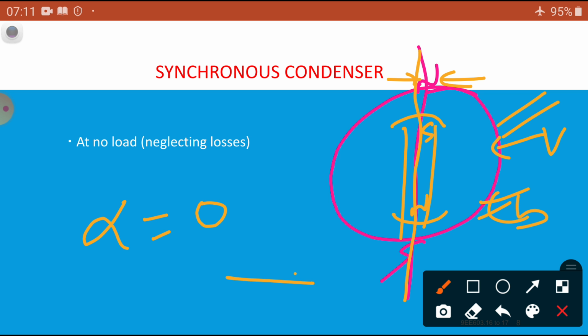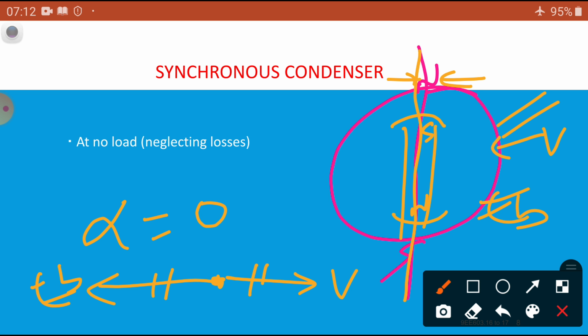That means here we have V and here we are taking EB. Both magnitudes are equal but 180 degrees out of phase.